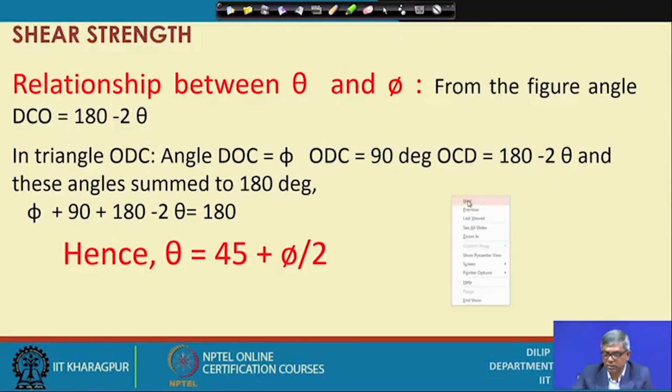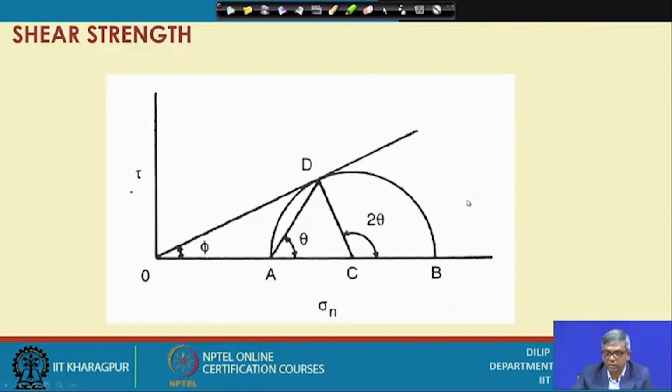I can consider this triangle. If this is 2 theta, then this plus this will be theta, and this and this are the same, so this angle will be theta.